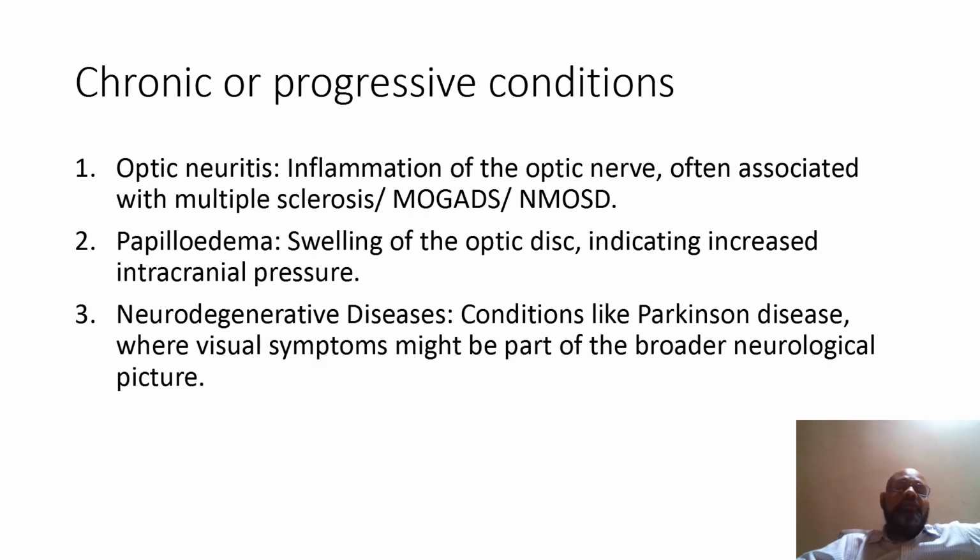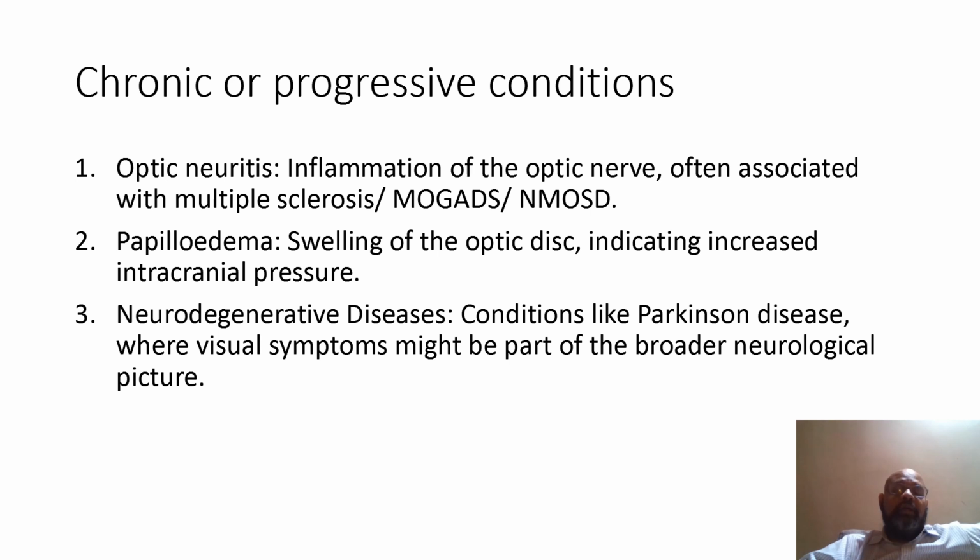Chronic or progressive conditions such as optic neuritis, which involves recurring inflammation of the optic nerve, may be associated with a variety of demyelinating causes such as multiple sclerosis, MOG-associated demyelinating syndrome, and NMOSD, or neuromyelitis optica spectrum disorder.